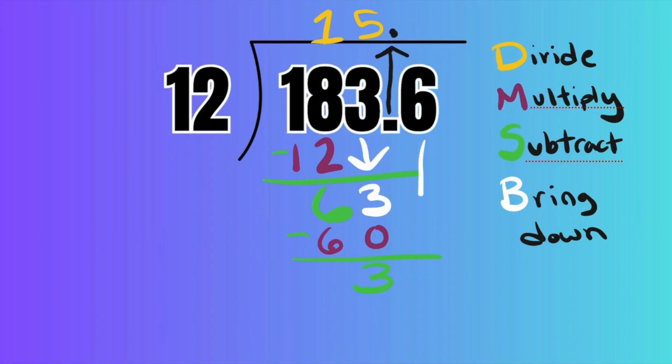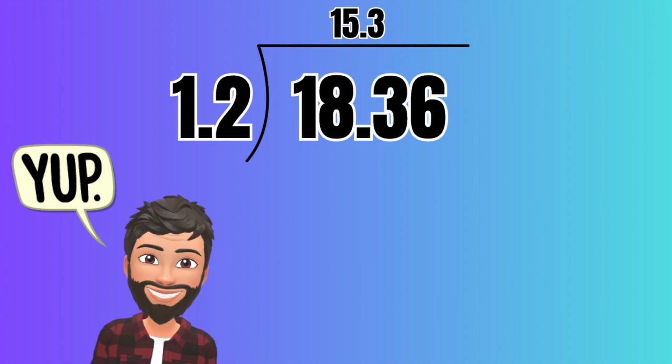Bring down the 6. 12 goes into 36 3 times. 3 times 12 is 36. Subtract, and we have 0 remaining. So 183.6, or 183 and 6 tenths divided by 12 is 15 and 3 tenths, which also equals 18.36 divided by 1.2 is also 15 and 3 tenths.